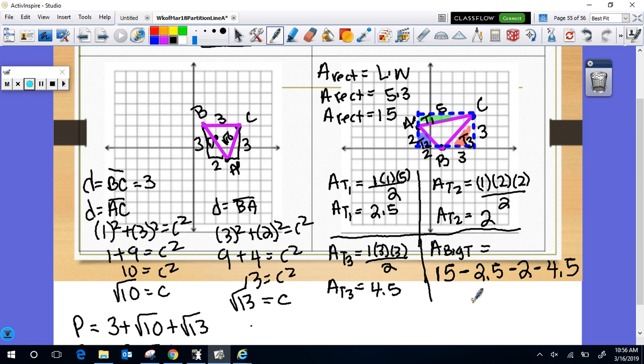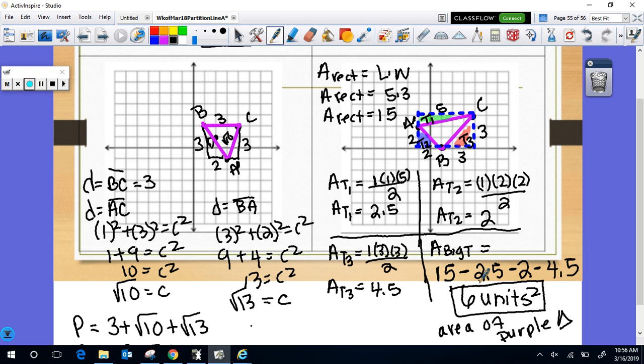So 15 minus, what is this? 4, 5, 6, 7, 8, 9. So 15 minus 9 would be 6 units. You can use your calculator. 6 units squared. And that's the area of the purple triangle. Alright, that one sitting in the middle.